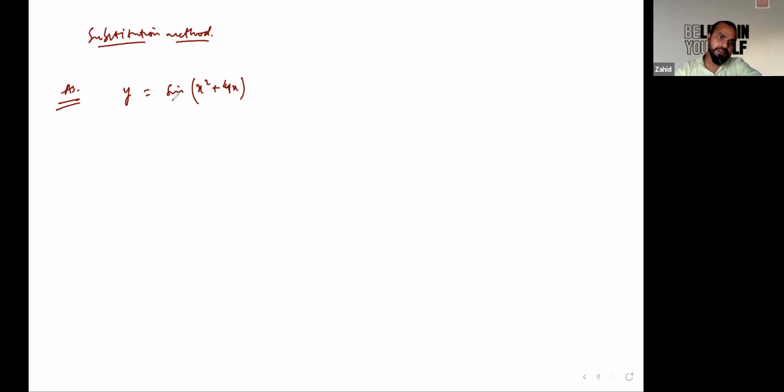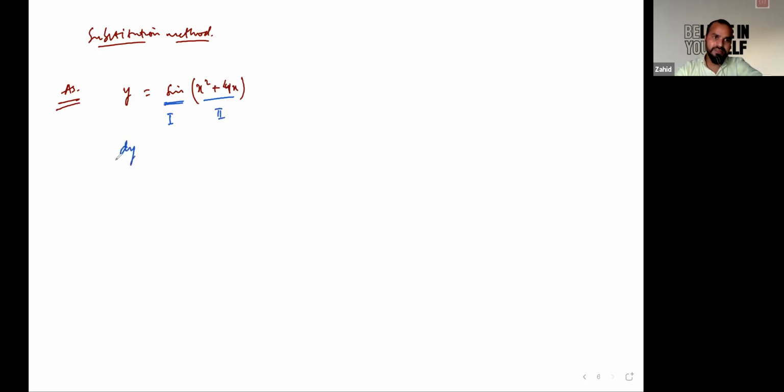I have taught you how to solve this: order the different functions on the basis of which one is in the outermost part and the next one which is inward of that function, and so on. In this arrangement, sine is the outermost part, so I can order that as the first function. And this is the angle of that sine, so this will be taken as the second function.